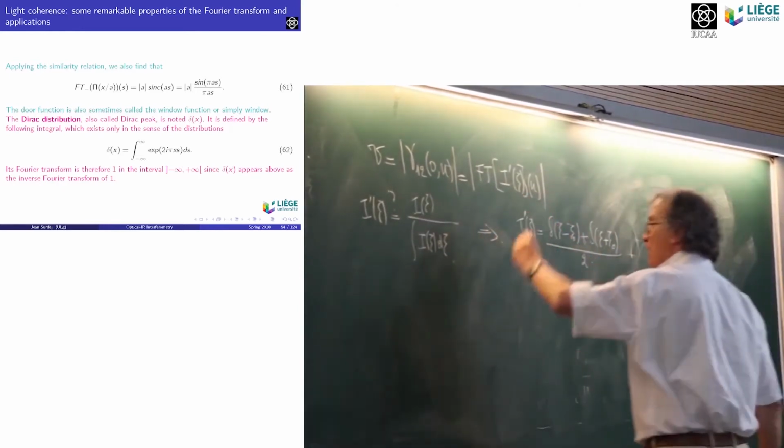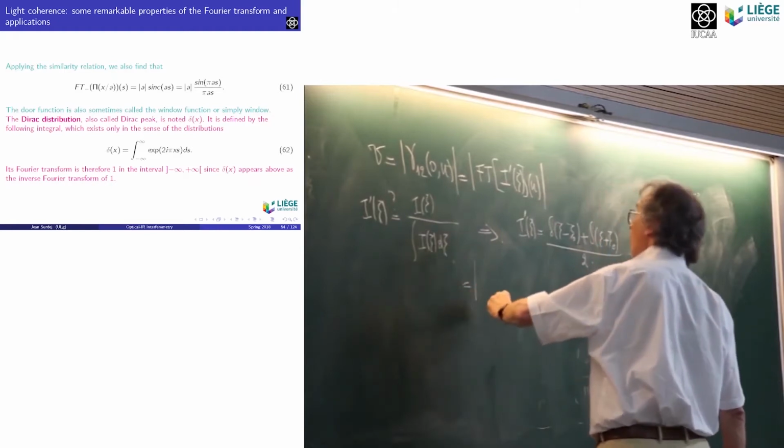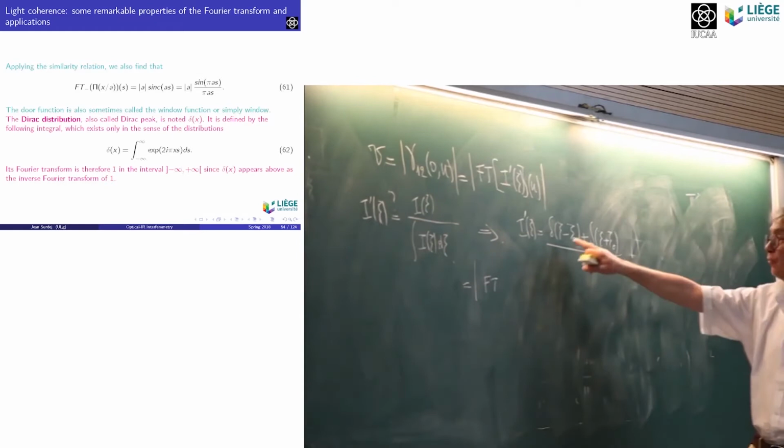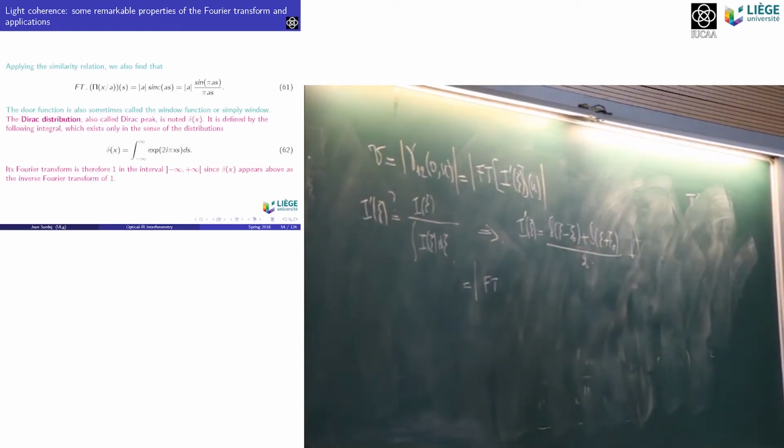So now I just calculate the visibility. It's the module of the Fourier transform of two functions, so it is a summation of the Fourier transform of each function.